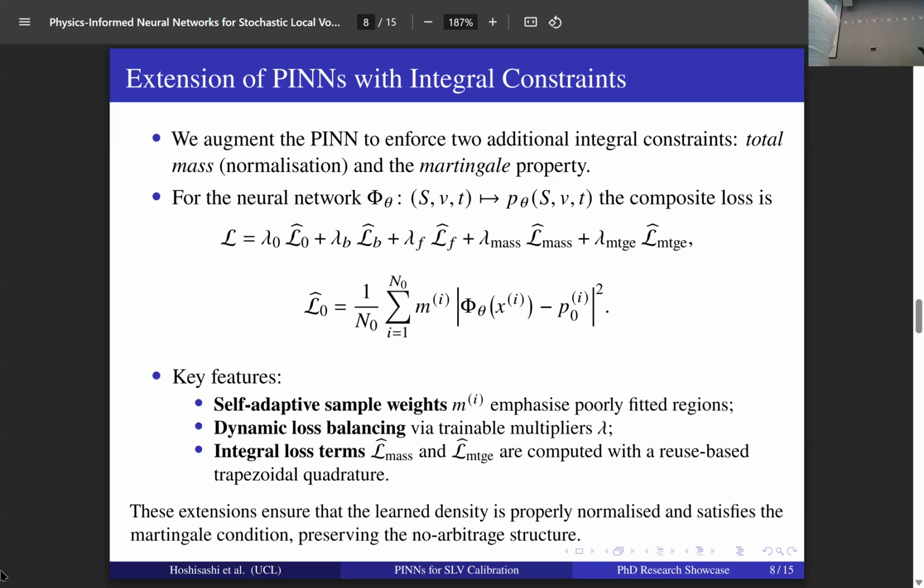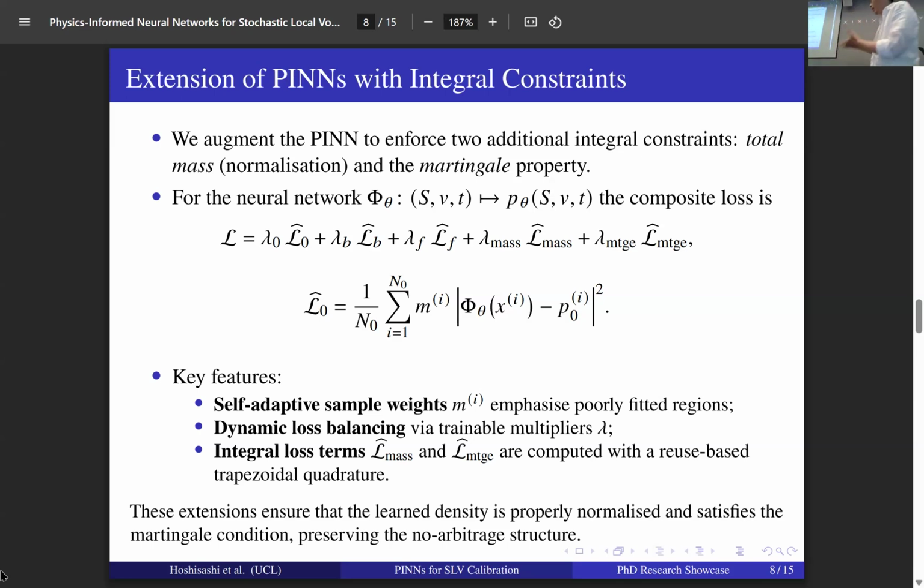So we introduced additional loss terms here, L_mass and L_martingale. And we also introduced some modifications to handle the balancing of multiple loss terms. One thing is the self-adaptive sample weights.